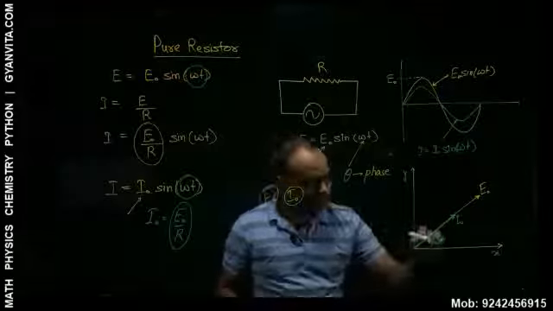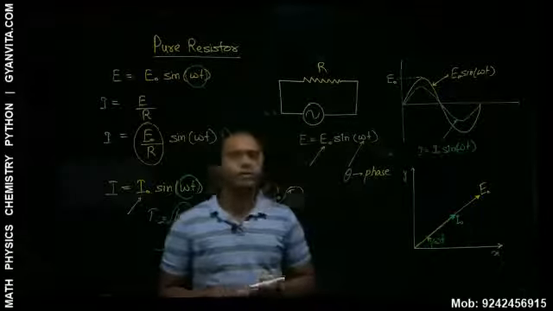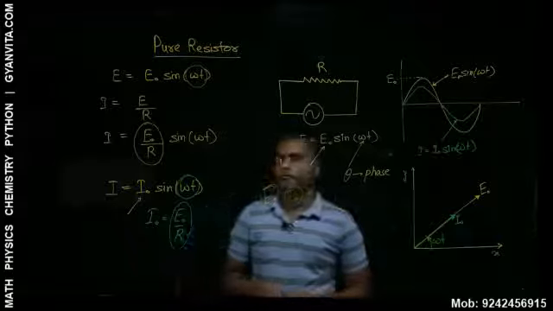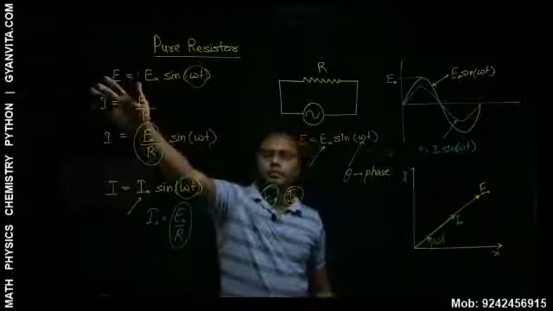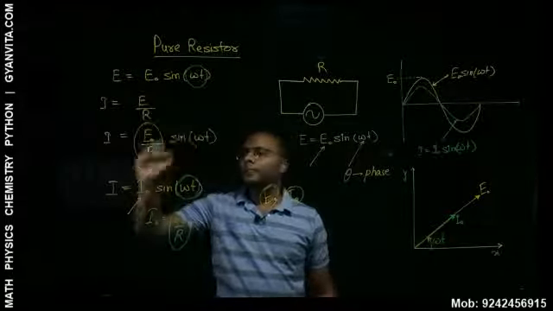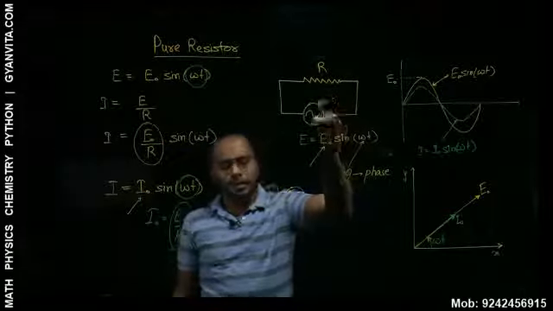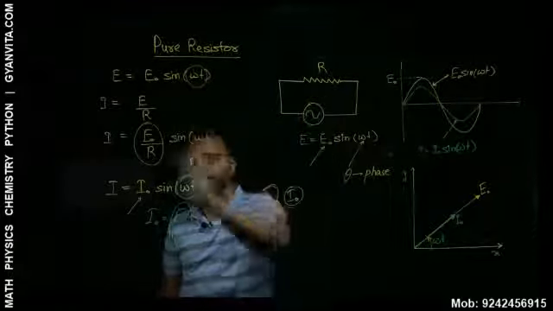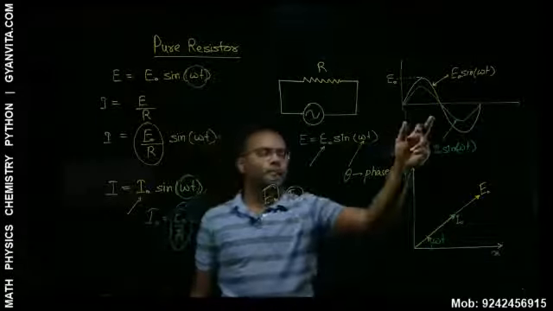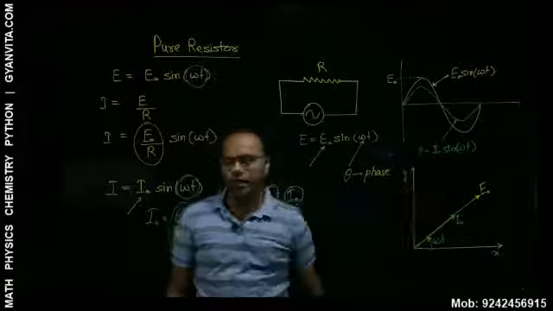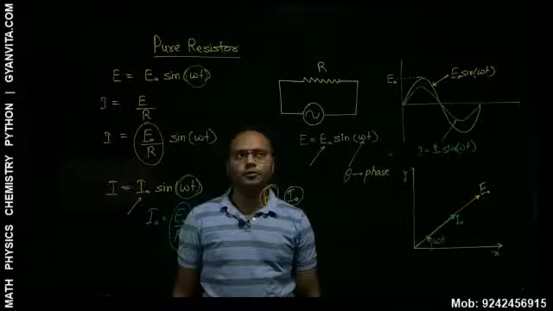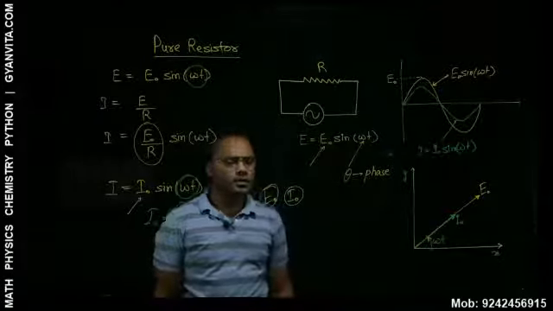This represents the phase. So these are the things which we have seen here. Expression for EMF, expression for current, before that the circuit diagram. So circuit diagram, expression for EMF, expression for current, the wave diagram, and the phasor diagram. So these are the four things, or five things, which you see here. That is what we have to do.